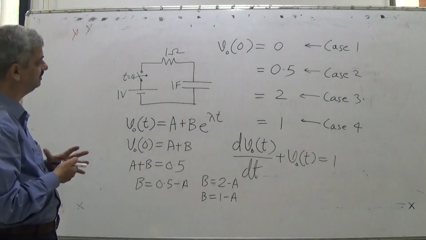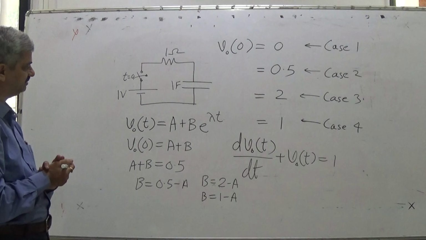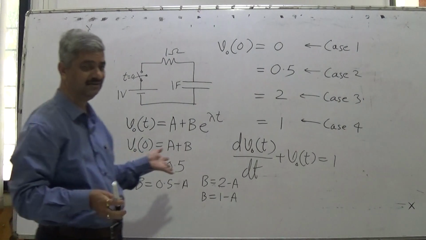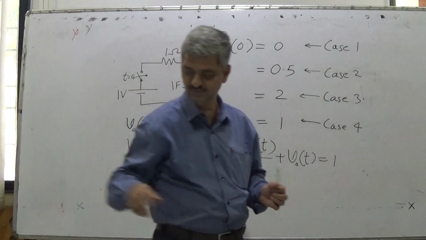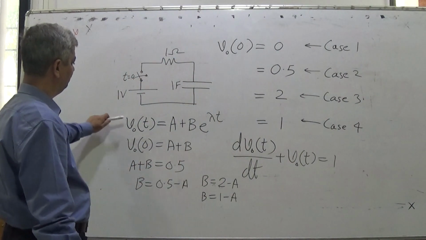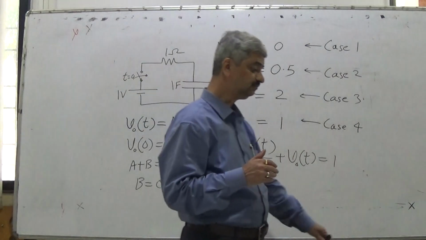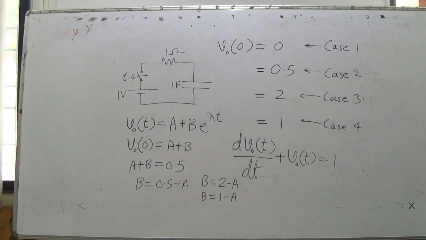And with this you can find solutions. What is the method? The solution for linear differential equation of first order is of the type a plus b e raised to lambda t.